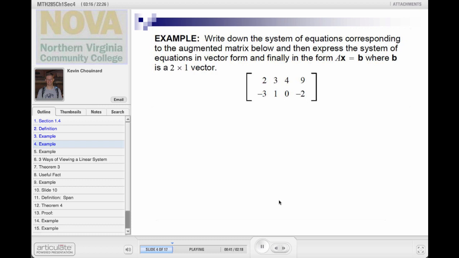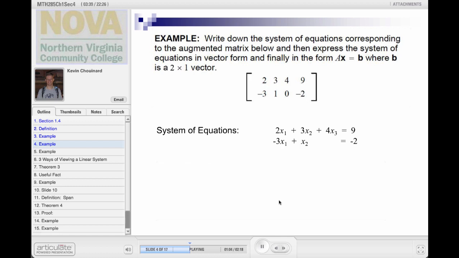So let's look at a way of converting this augmented matrix into those other 3 forms. For starters, let's come up with a system of equations. You can see here that what we're doing is we're taking the numbers in that augmented matrix and using them as coefficients for a system of equations where we just take the variables in order, x sub 1, x sub 2, x sub 3, with the appropriate signs.